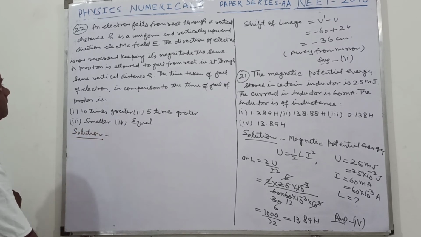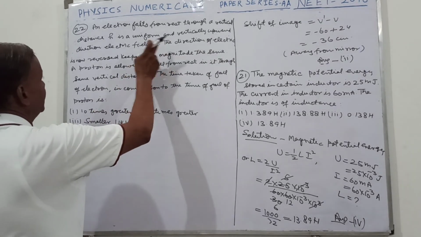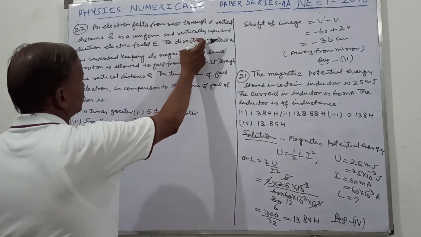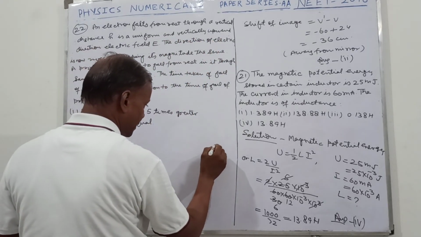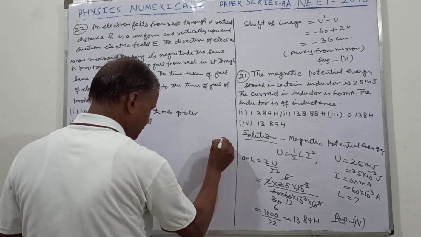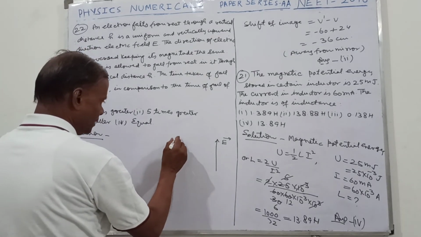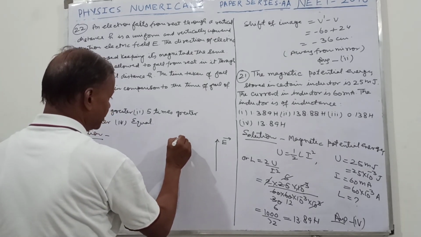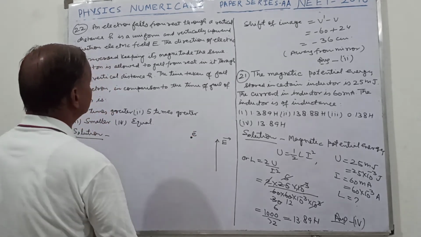Solution is what? The electron is falling freely through the vertical distance h in a uniform and vertically upward electric field. So we have an electric field here. This is the electric field E. This is the electron.